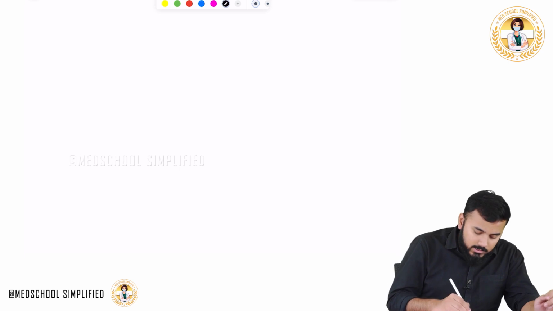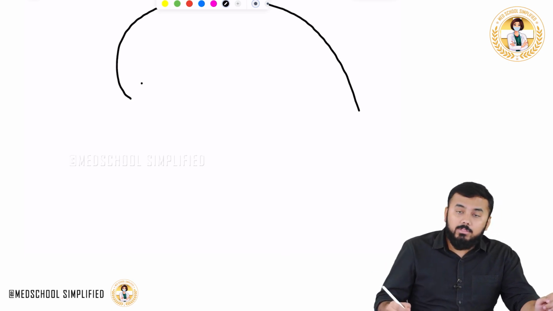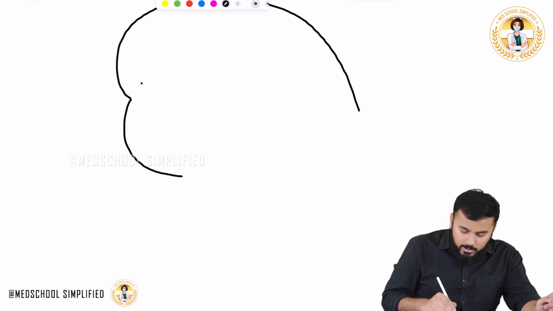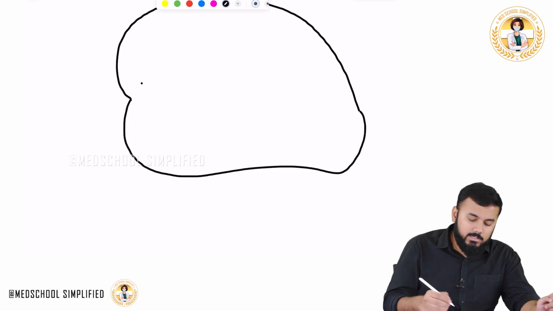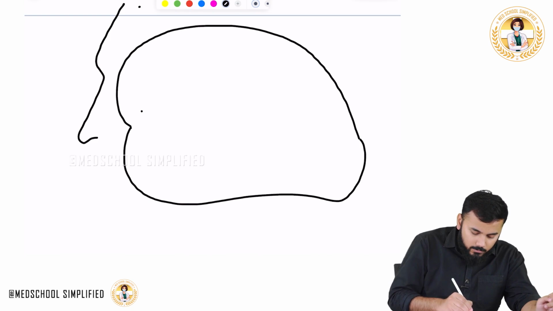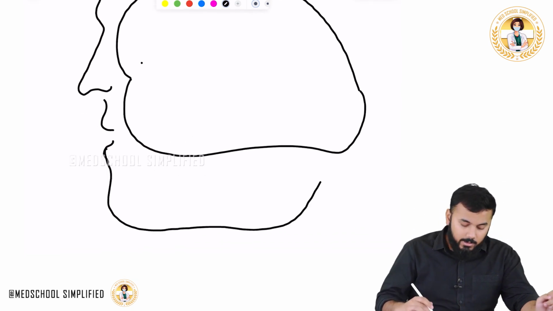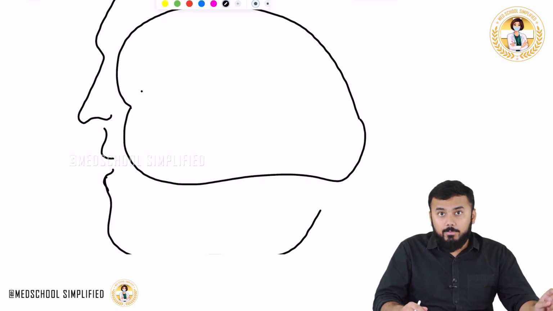The part which I am drawing right now is called the cerebral hemisphere. This is a picture from the medial side.